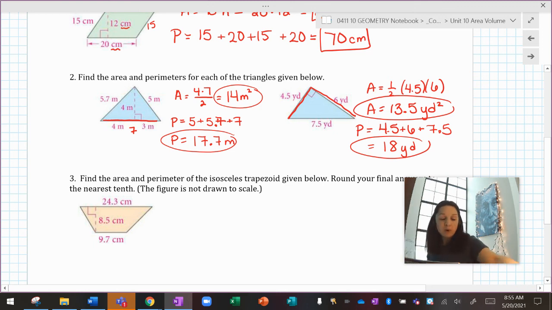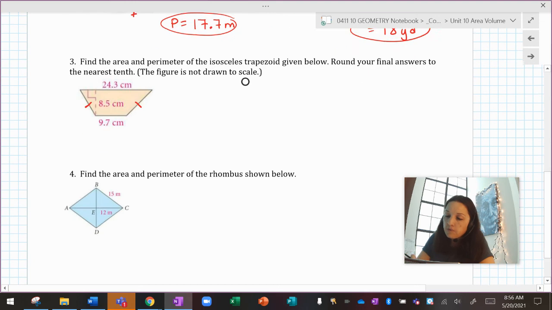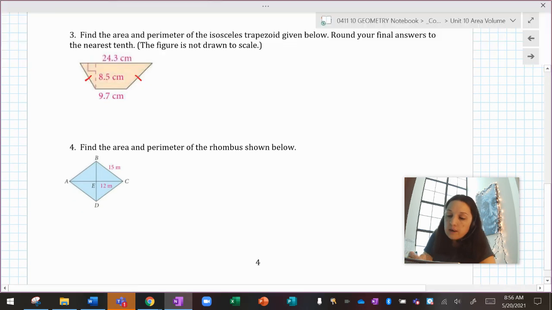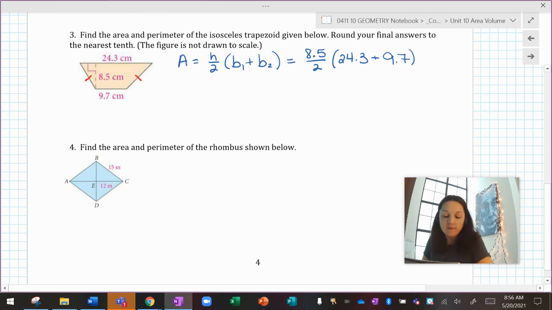Okay, next one says find the area and the perimeter of the isosceles trapezoid given below. It is not drawn to scale, so I'm basically being told to assume that these are the same. And so if I want the area, let's start with that. This new area formula for a trapezoid is h over 2 times b1 plus b2, which would be 8.5 over 2 times 24.3 plus 9.7.